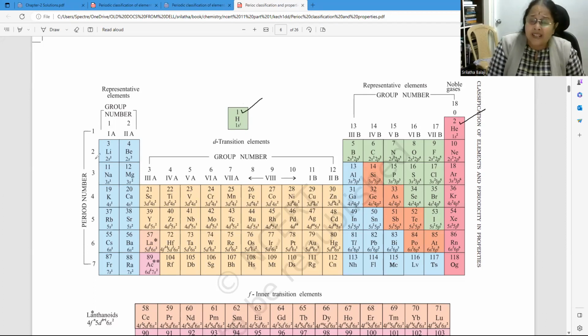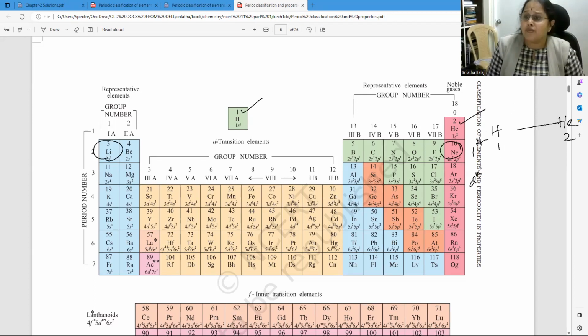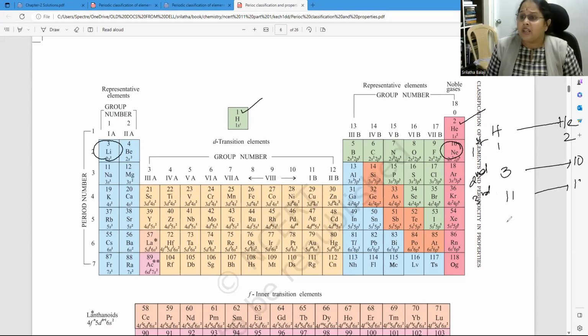Then the second period ranges from lithium to neon. Look at the range: hydrogen, helium is 1 to 2. The second period is from 3 to 10, and the third period from 11 to 18.